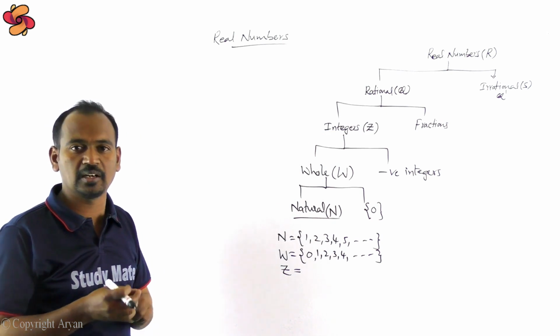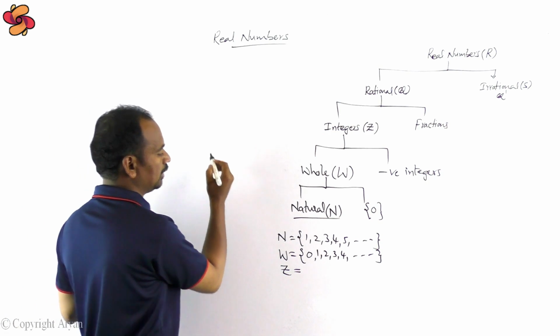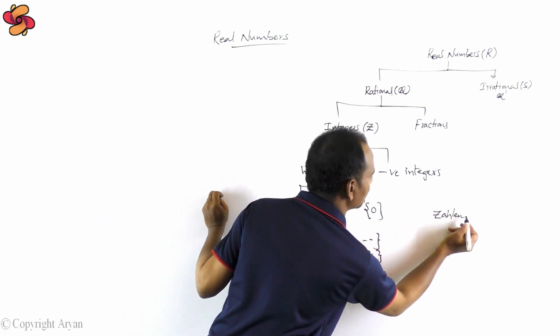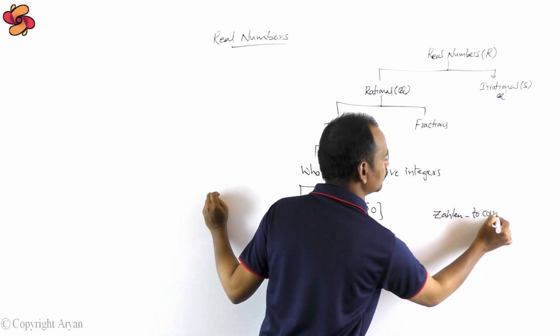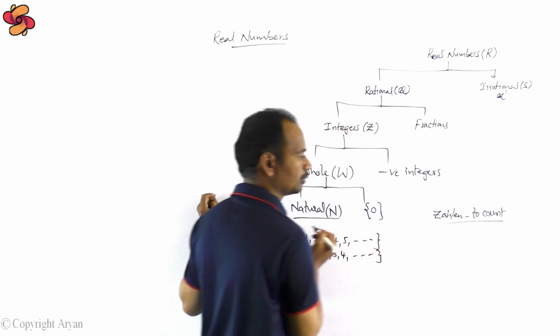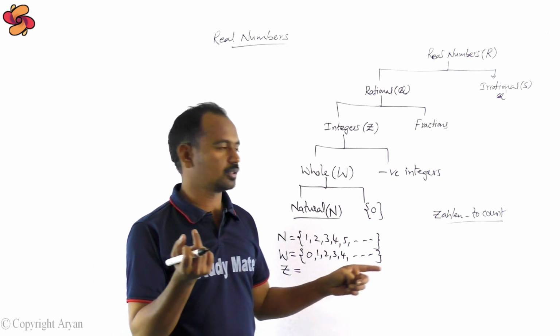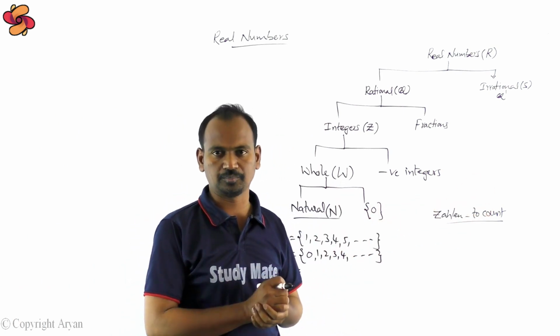Actually, you do not have the reason in the textbook. But there is an Arabic word, Jahlen, which means to count. So this is an Arabic word. Which means to count something, whatever it may be.